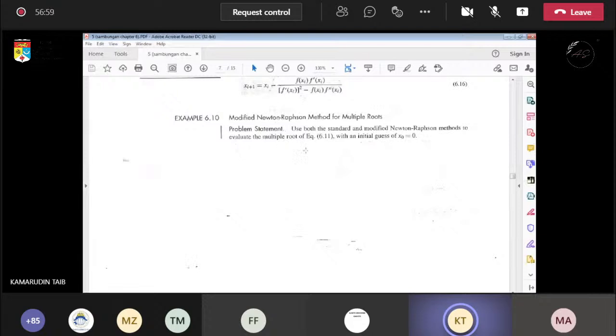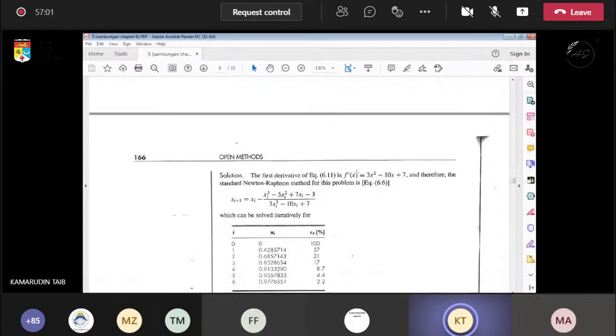So first derivative yields 3x squared minus 10x plus 7. Okay.